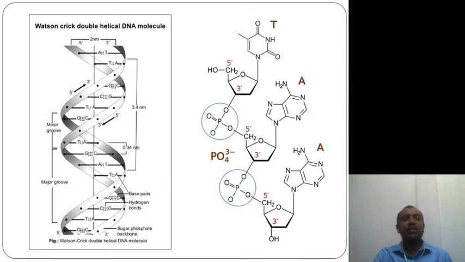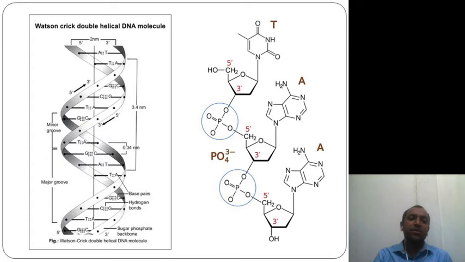Okay, so let us see the actual double helical structure of the DNA molecule. If you see in the diagram towards the left, the distance between the two helices, or the diameter of the helix, is 2 nanometers, or in some books you'll find that they write 20 Angstrom also. This is equivalent to 2 nanometers.